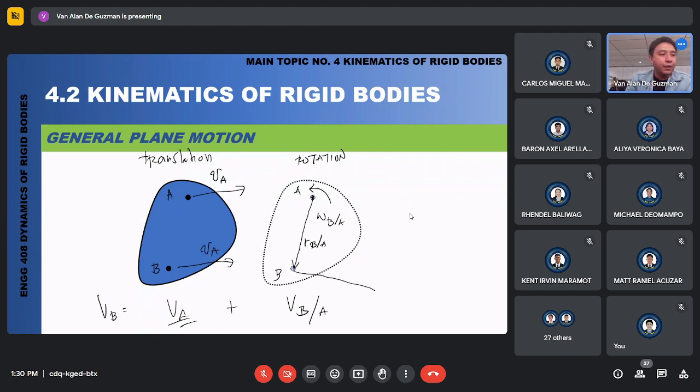Ganito: velocity ng B relative to A, perpendicular, on the same axis, on the same circular motion. Ito na po agad yun. Ganun lang kadali. Pag-shortcut. Okay lang? Kuha po.